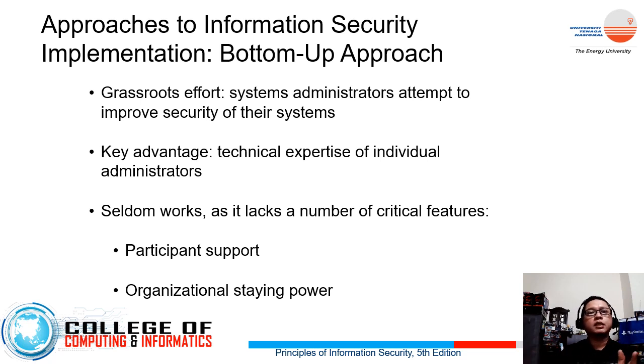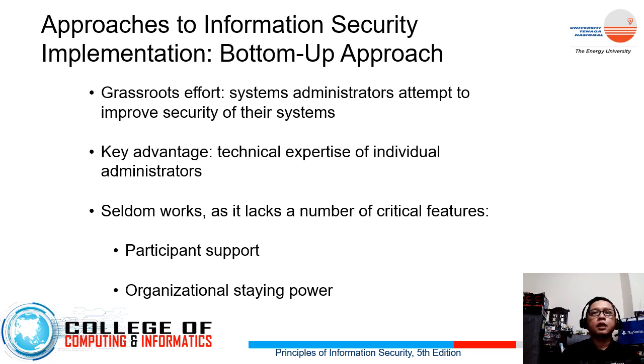But the problem is it seldom works because it lacks a number of critical features. Usually people will not willingly participate, because you are just the system admin. You need to get management support to do that. So this is where you need to communicate with your top management: there are certain problems we need to address, for example, we lack certain things in terms of security and process.